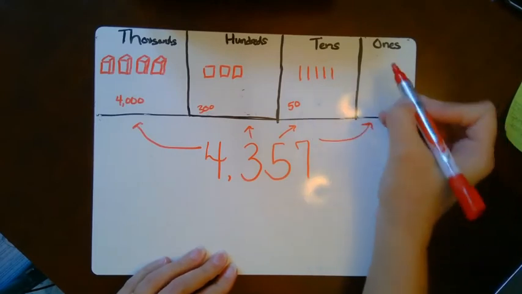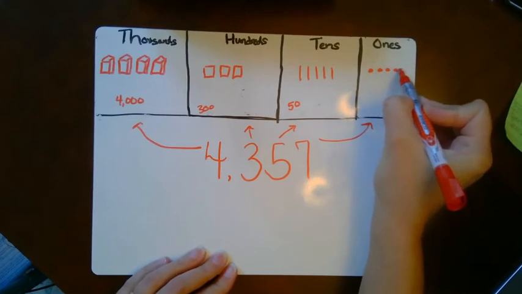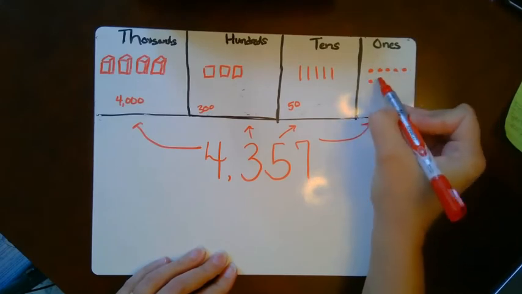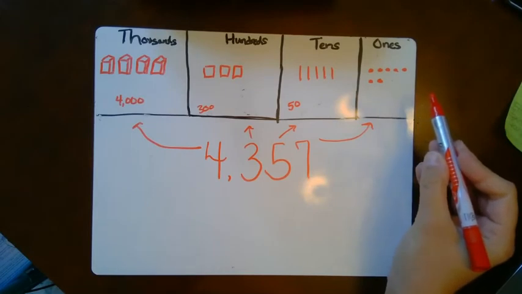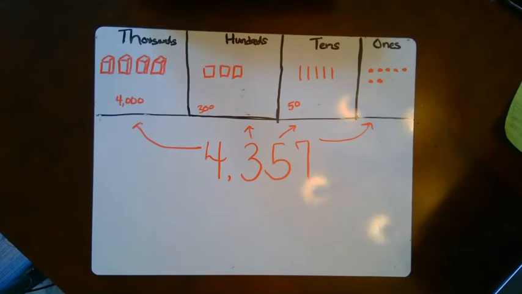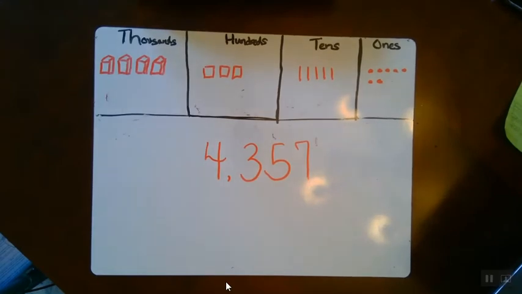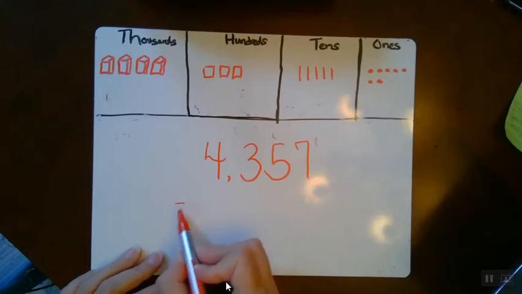And then in my ones column, I'm going to draw in 7 ones. And I've said before that I like to make them look like a tens frame because that way it's easier for me to count.